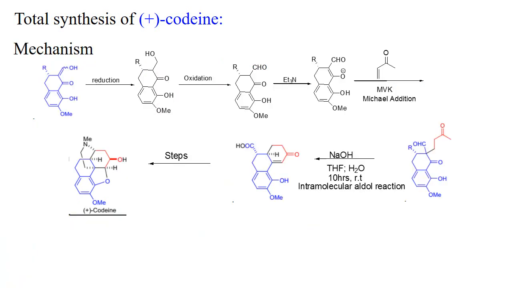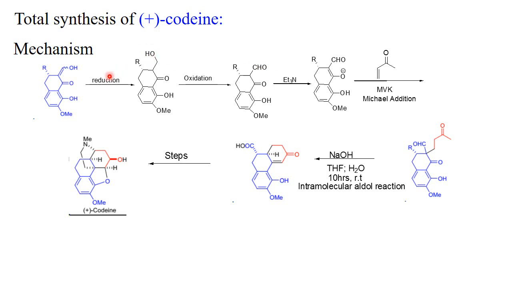Mechanism. The mechanism of synthesis of the intermediate required for the preparation of codeine is shown in detail. See the mechanism. This is the tetralone derivative. It contains CH2 double bond CH2, CH double bond CH2OH. First of all, this tetralone derivative is subjected to reduction. As a result of reduction, this double bond is reduced to a single bond.